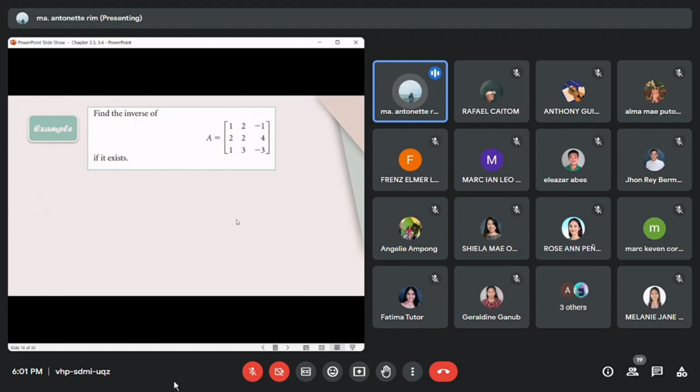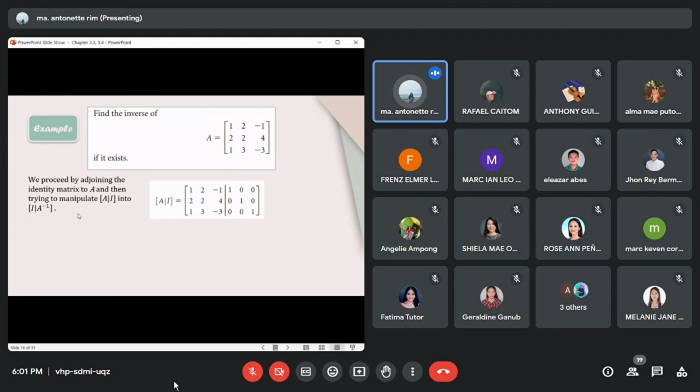First, we proceed by adjoining the identity matrix to A and then trying to manipulate [A | I] into [I | A inverse]. The right side of our augmented matrix is then the inverse.